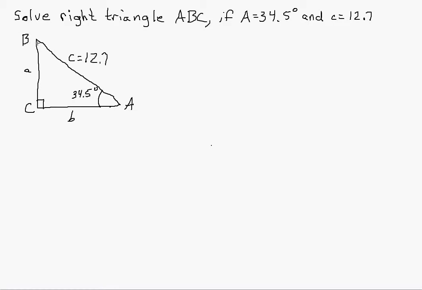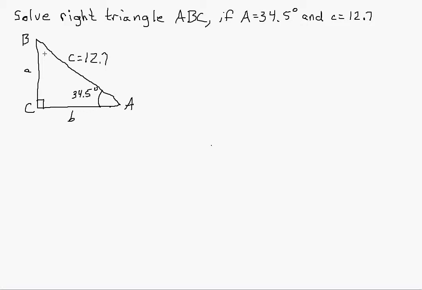Now, we know that all the angles of a triangle add up to 180 degrees. And we can see here that angle C is the right angle. That's 90 degrees. So since all of these angles add up to 180, and angle C is 90 degrees, then angle A plus angle B equals 90 degrees.